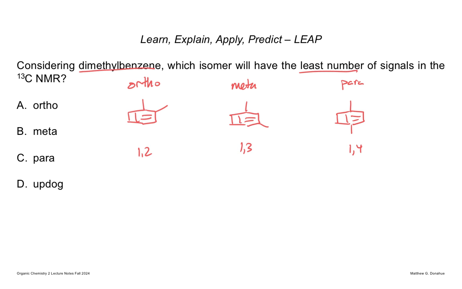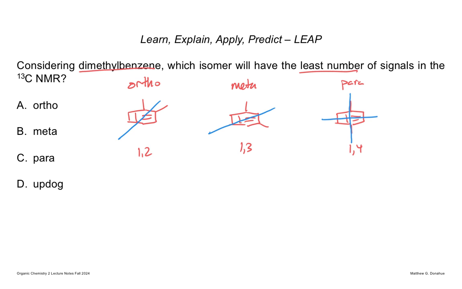And so what I'll do in blue, I'll just draw a mirror plane. So here's a mirror plane of symmetry. Here's a mirror plane of symmetry. Here's a mirror plane of symmetry. But the para also has another plane this way. So that has two planes.